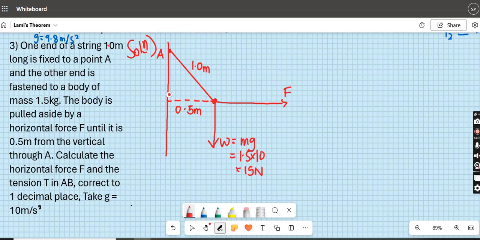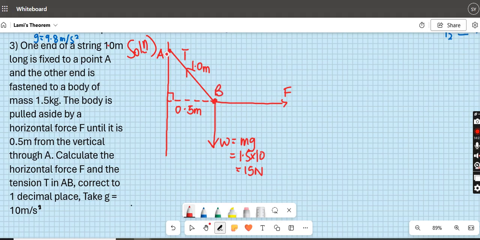Now, we can see that there's a right angle triangle here. Now, let's call this tension T. And then we have a point B here. Yes, good.